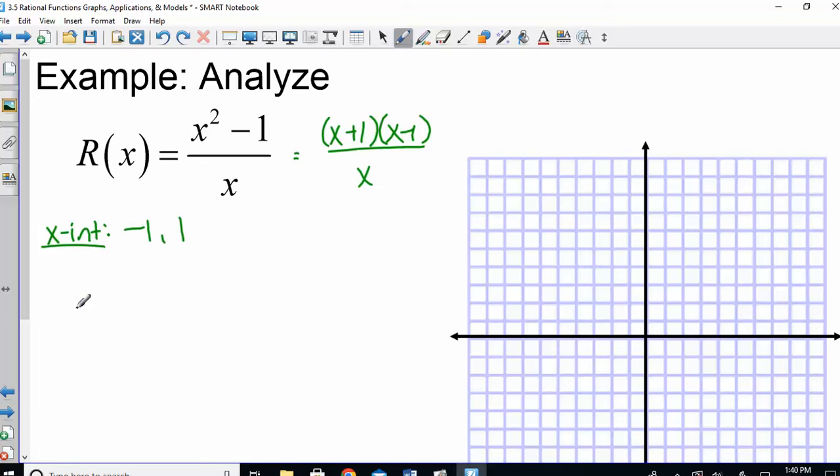Which would be 1 and negative 1. How do you find the y-intercept? Put in 0 for all of your x's. It doesn't matter if you use the original or the factored. If I do that, I get negative 1 over 0. Does that work? We can't have 0 on the bottom, so we just say none. There's no y-intercept.